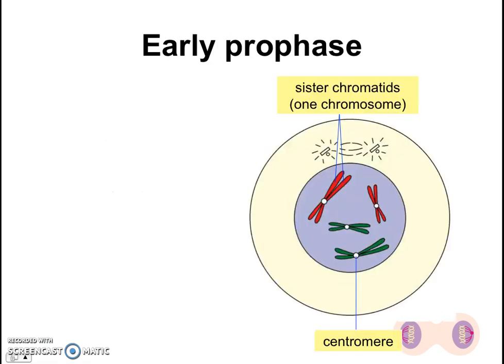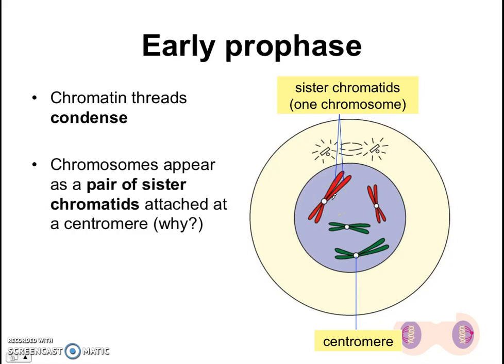Now early on in the prophase, some interesting things happen, as you can see already in the diagram here. Firstly, notice that the chromatin threads condense, and now we are able to see the chromosomes, the X-shaped chromosomes. So the chromosomes now appear as a pair of sister chromatids attached at a centromere. Now why is it that they have this X-shaped appearance?